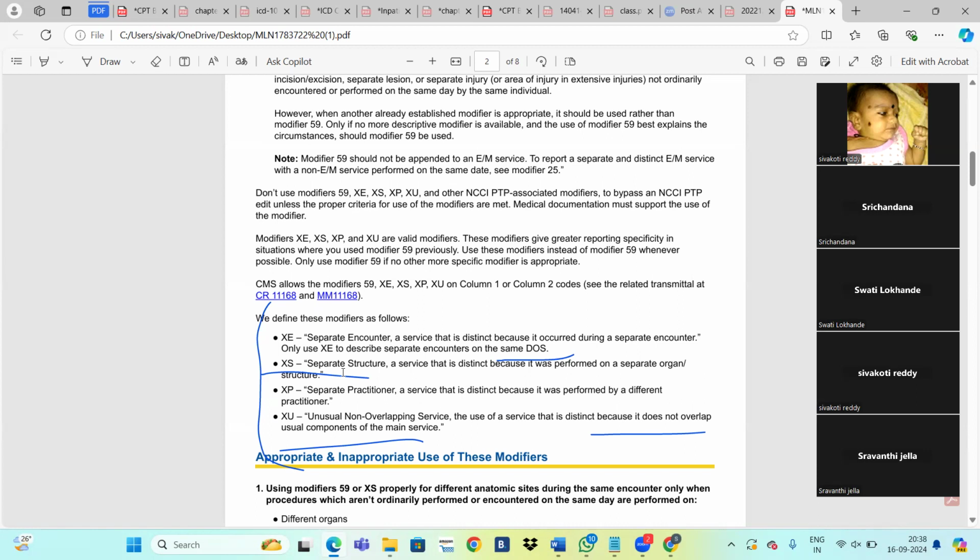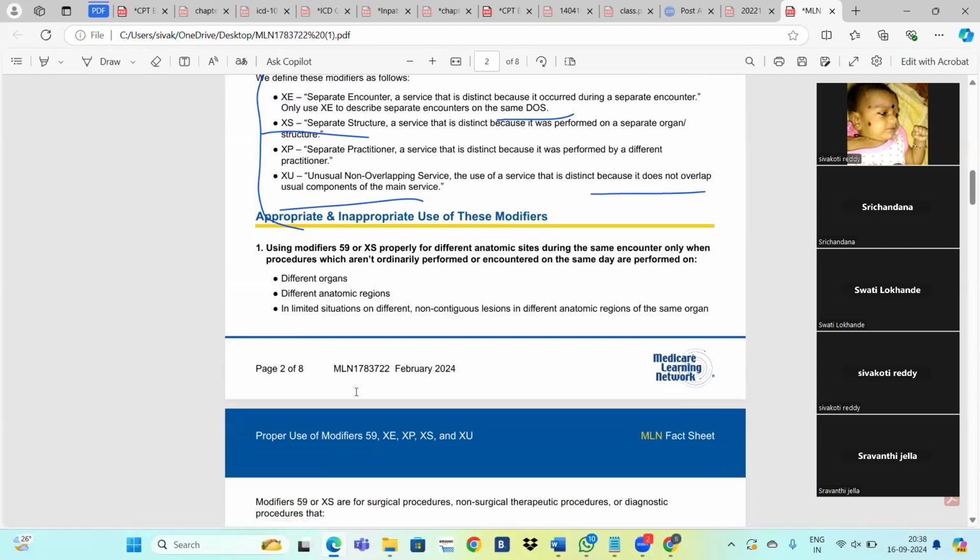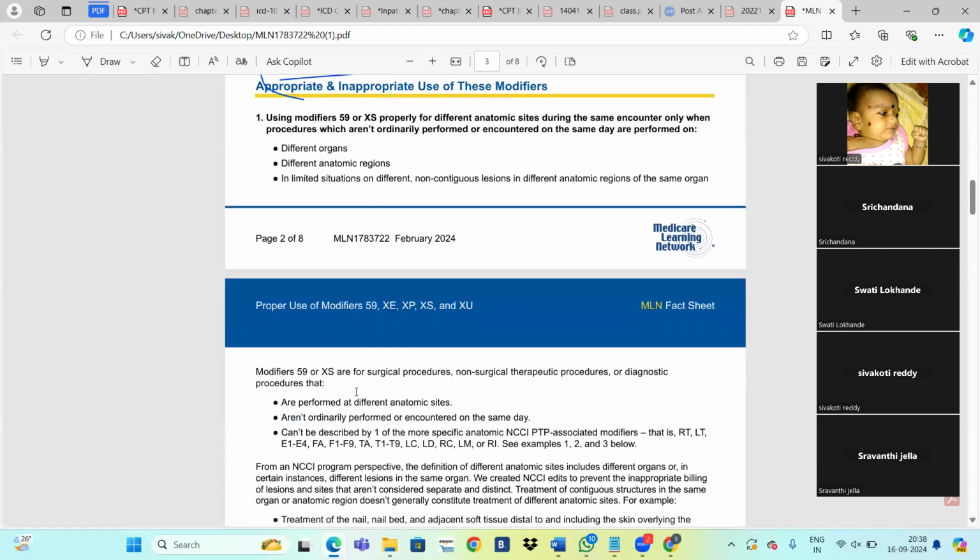XS means separate structure. The service is distinct because it was performed on a separate organ or separate structure. Use XS for different organs, different anatomic regions; in limited situations, non-continuous lesions in different anatomic regions of the same organ.